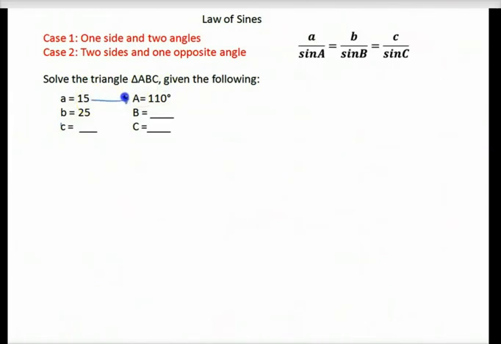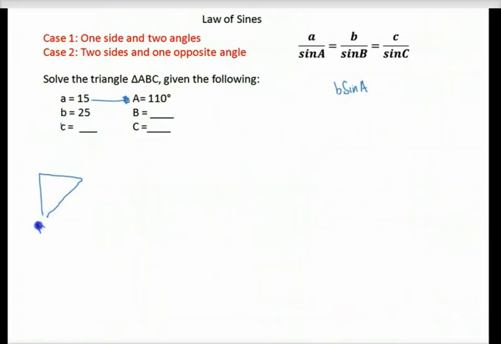One of the sides is opposite our angle, and you could start right from the beginning and figure out what b times the sine of A would be. Again, this is the side that's not across from the given angle, times the sine of that angle.